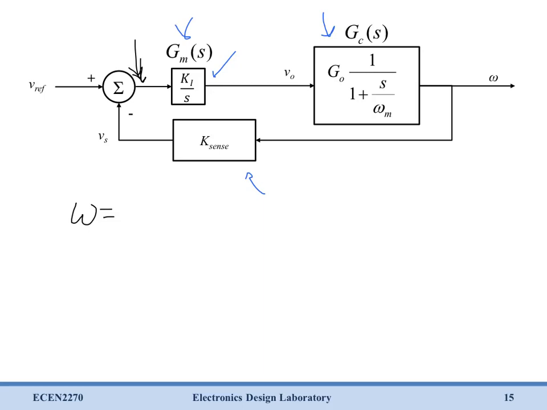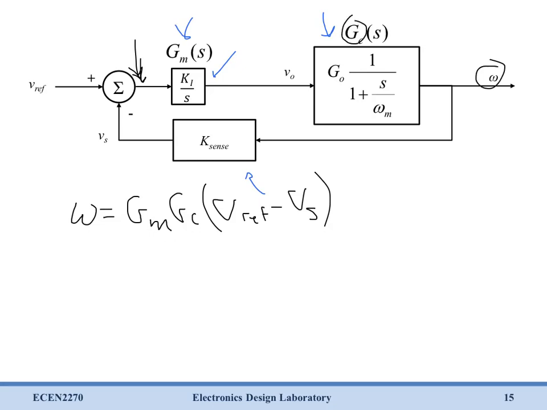This voltage here is just Vref minus Vs, so we can see omega equals GM times GC times (Vref minus Vs). So omega equals GC times GM times this difference here.